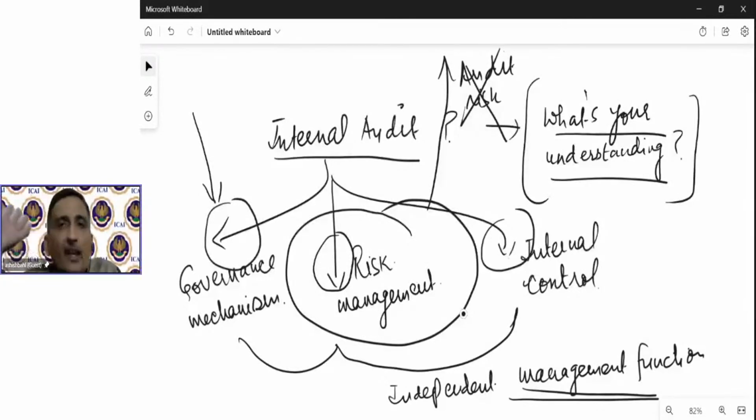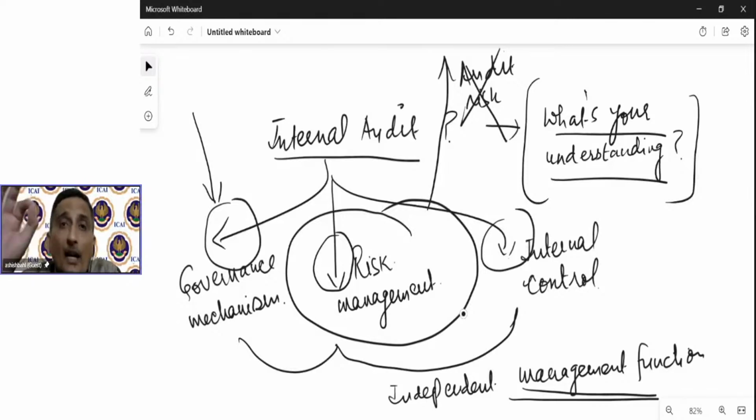So fair enough, guys, you have to remember three things in the definition of internal audit. If you remember the definition of internal audit and you understand it completely, I can guarantee you that you cannot do any application-based question on internal audit wrong in your exams.